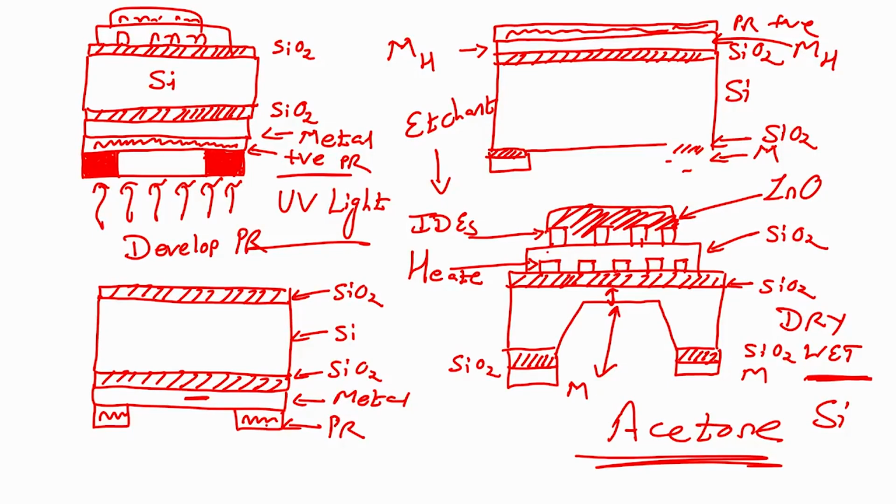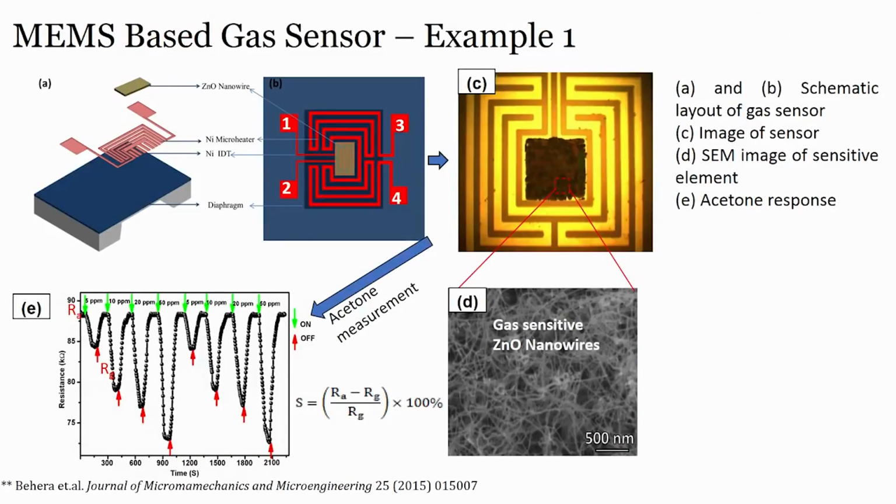So, when you do this, how your sensor looks like? You see, this is a cross sectional or a blown up diagram, where you see there is a diaphragm, right, and you can see there are interdigitated electrodes, and there is a heater, which is nickel.